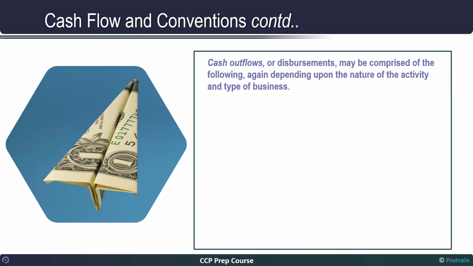Cash outflows, or disbursements, may be comprised of the following, depending upon the nature of the activity and type of business. Again, in the simplest term, cash outflow are the money which goes away from your pocket.